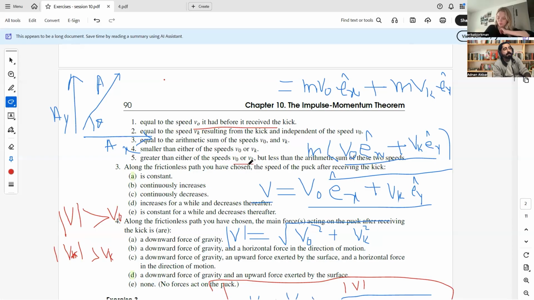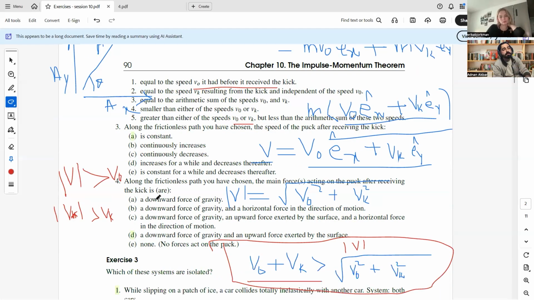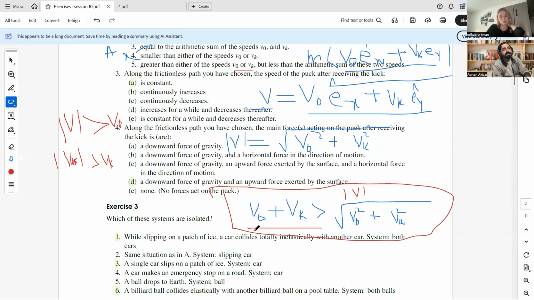So we can agree speed is actually the combination of two components. Individually it will be greater than any single component, V naught or Vk, but less than the arithmetic sum of these two speeds. So it is also proved that the speed is less than the arithmetic sum of these two speeds.